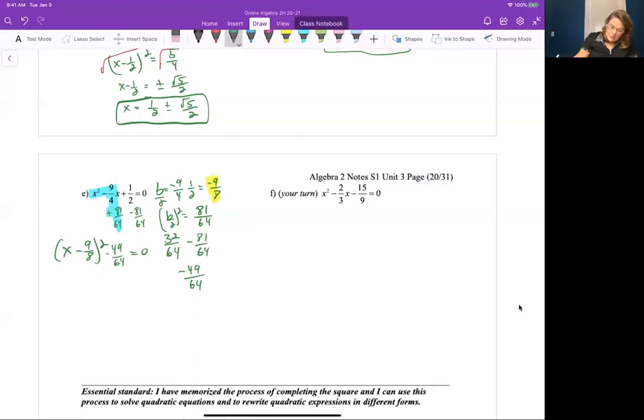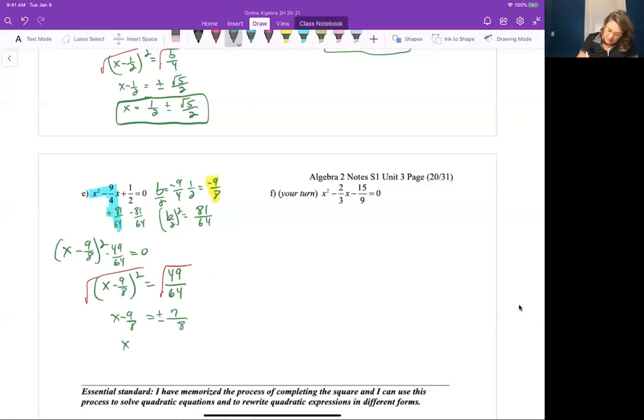Now we're continuing to solve. This is just me doing some math. So then what do we say? (x minus 9 over 8) squared is equal to a positive 49 over 64. We can take the square root of both sides, and we will get x minus 9/8 is equal to, square root of 49 is 7, square root of 64 is 8, and that's plus or minus.